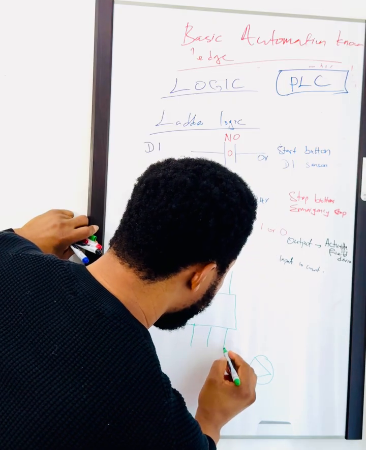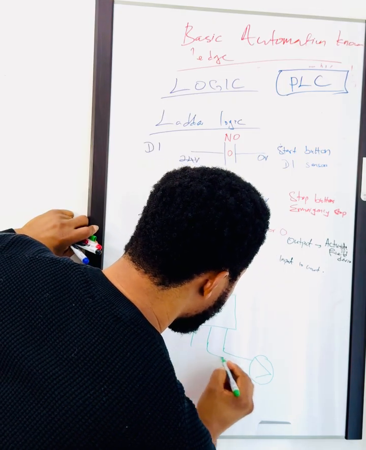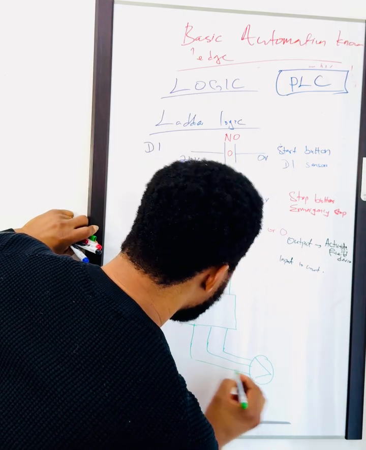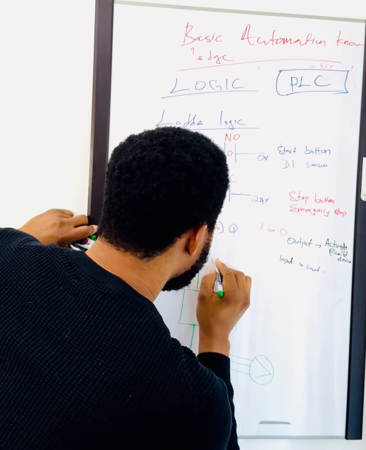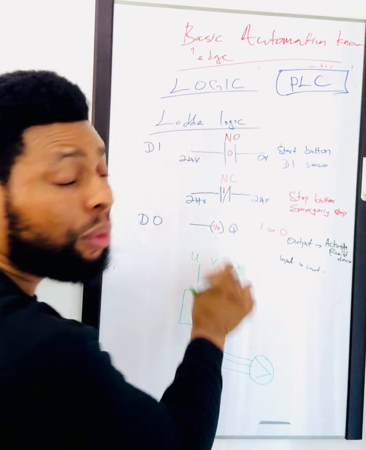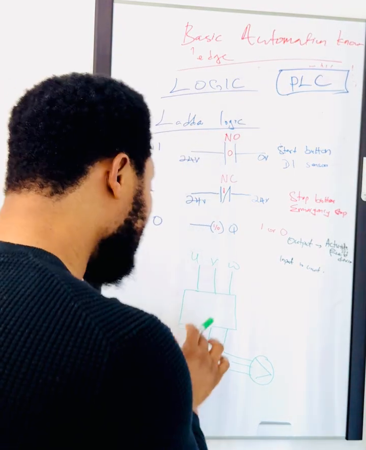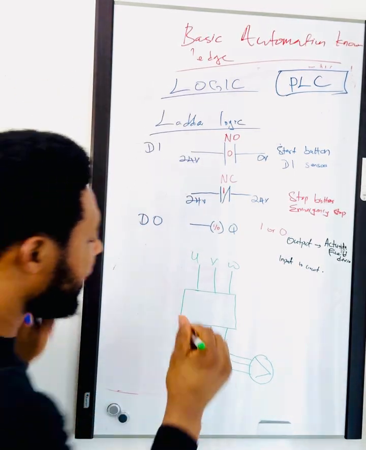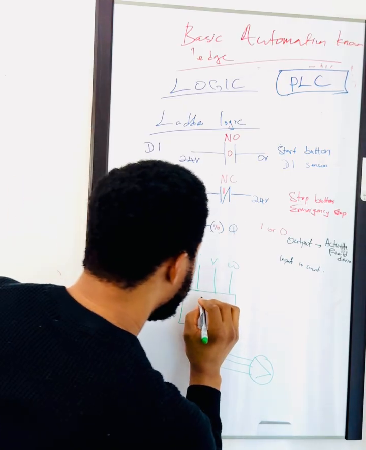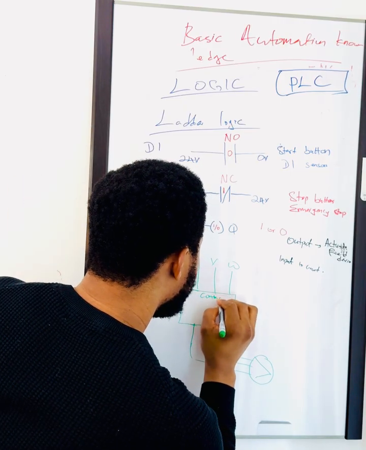You get? Let me call this UVW. Yes, line 1, line 2, line 3. Now, this is a contactor.